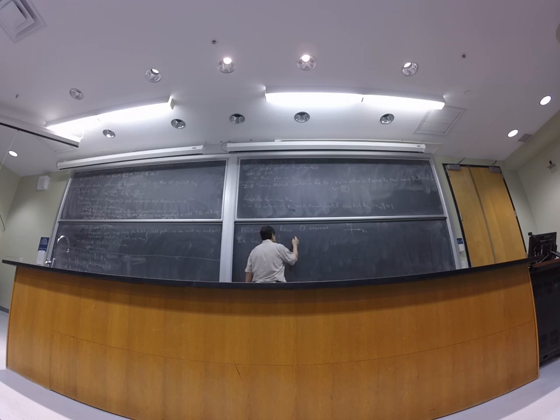What's the name of the positive number? I haven't used P. So lowercase p, where p is a positive real number. P for positive. Okay?